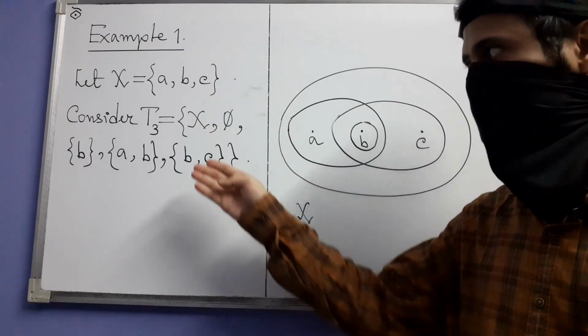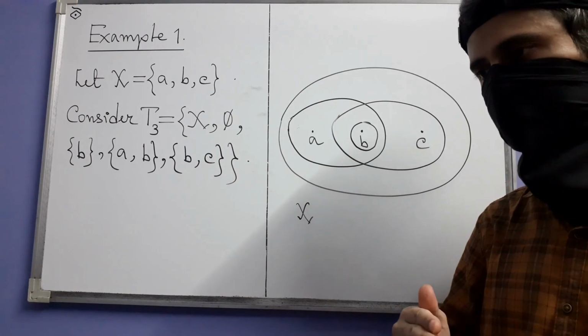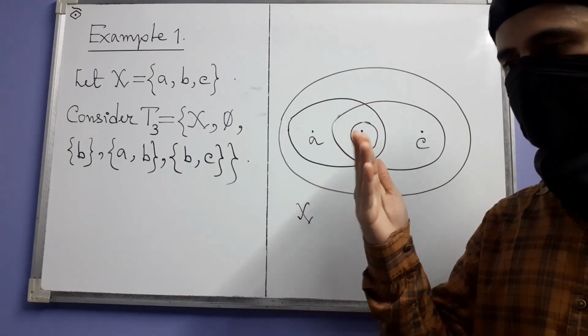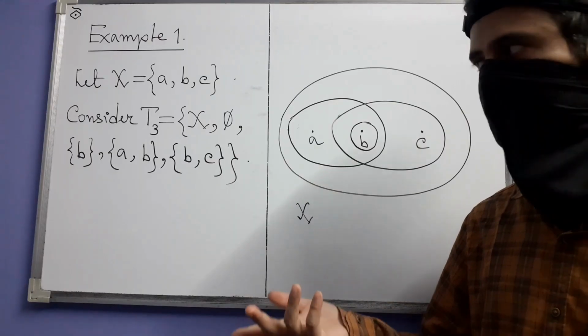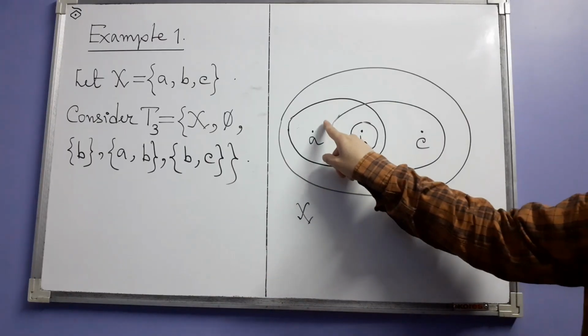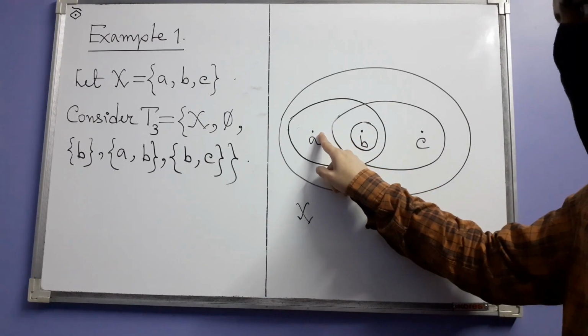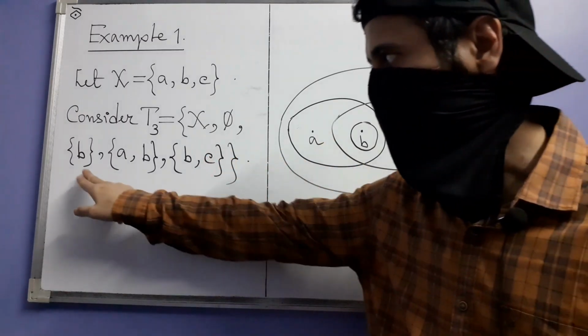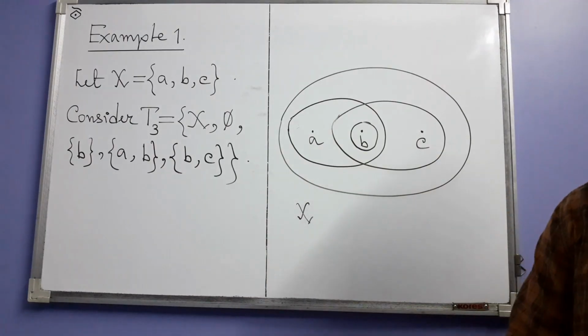We cannot say that this topology T3 is bigger than T2 in the first sense, in which T2 is bigger than T1, because T2 had the singleton set consisting of A, which however is not present here. Here instead a new element has come.